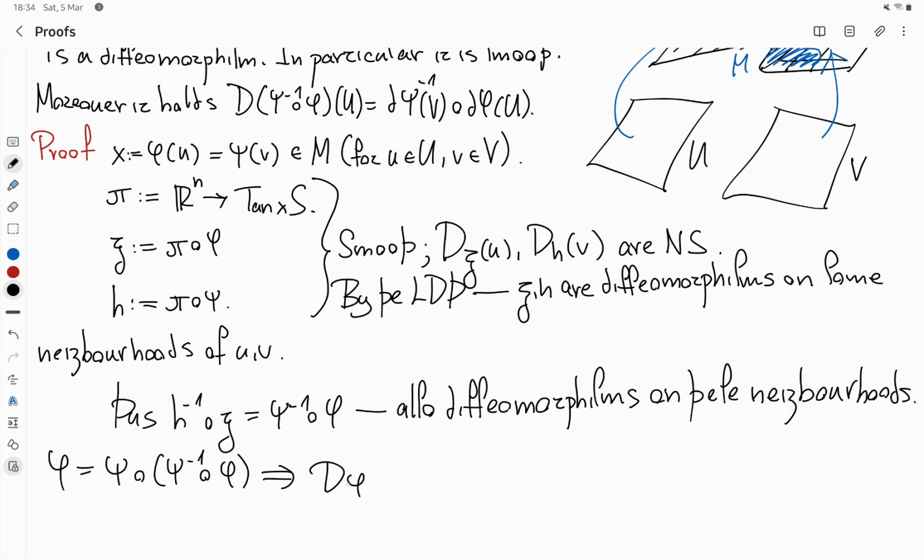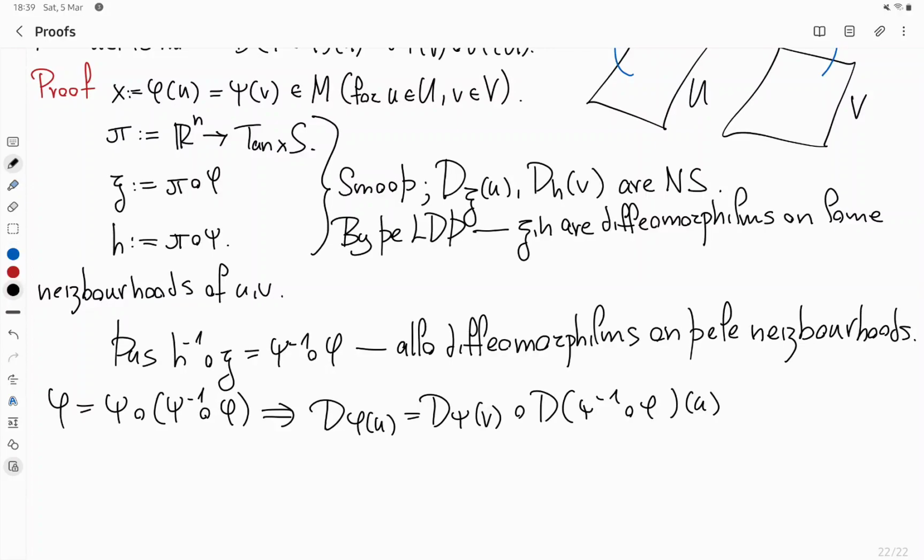So we have the Jacobian of phi at u is equal to the Jacobian of xi at v, composed with the Jacobian of xi inverse composed with phi at u. And now we talked about xi and phi being isomorphisms, so if this holds for the Jacobians, it also must hold for the isomorphisms from the k-dimensional real space into the tangent space, right?